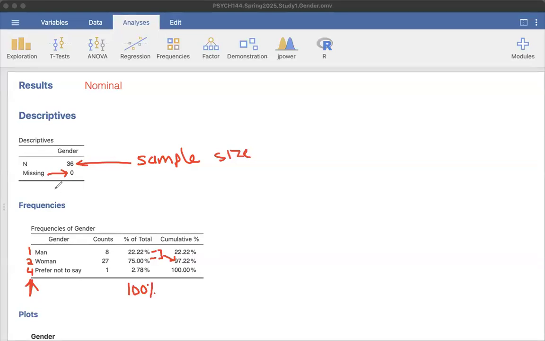Now, again, I could have had it say what the mode was. And so then that would tell me that the mode was 2. But really, again, we can get that information here. So our most frequent category, our measure of central tendency, is mode. And we would use the category name. So mode equals woman.